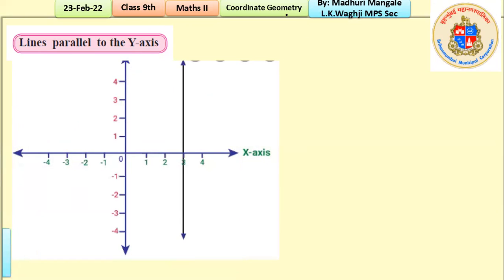So for this one, anybody wants to try? Quickly raise your hand. You just need to write through which point the line is passing. I give you 10 seconds. What is the equation of this line which is parallel to the y-axis and passing through the x-axis?